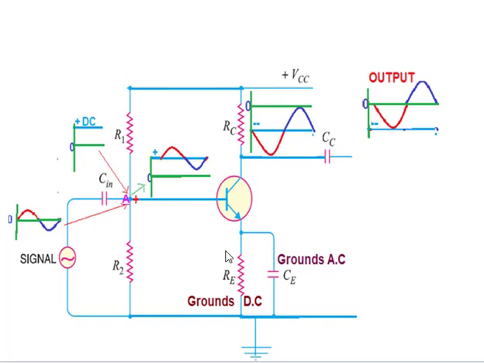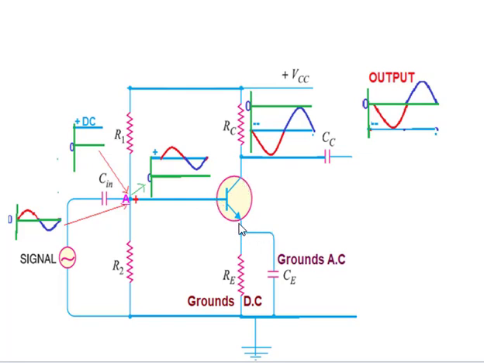Now we discuss with this diagram. This is the RC coupled amplifier circuit diagram. It consists of an active device, a transistor. It is an NPN transistor. This is the emitter, base, and collector.